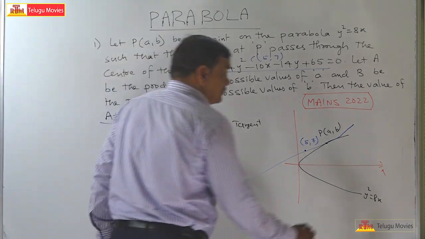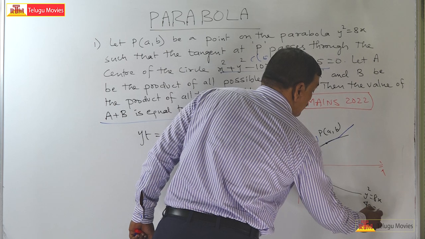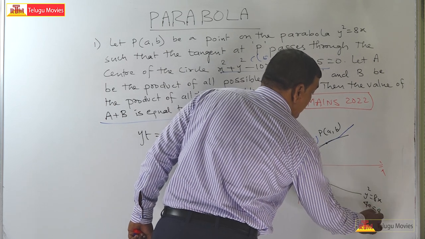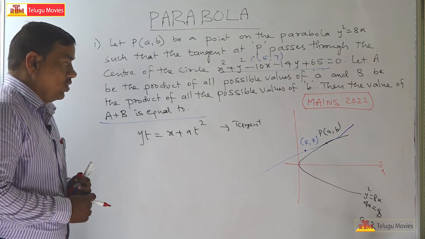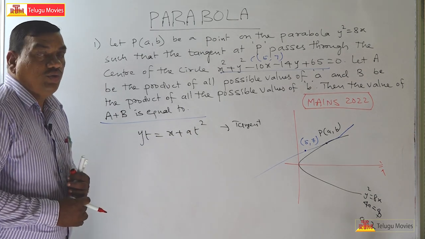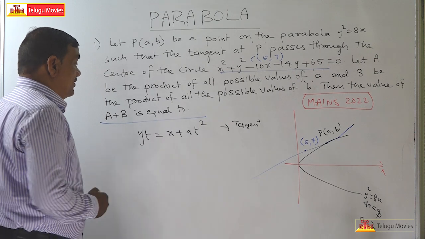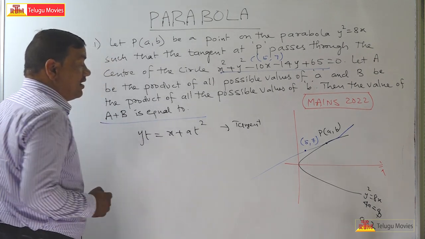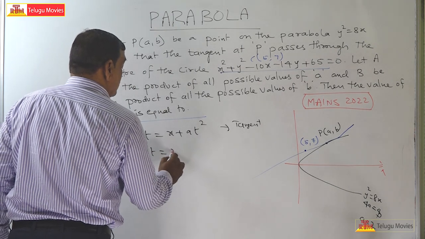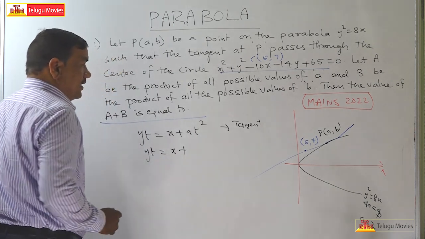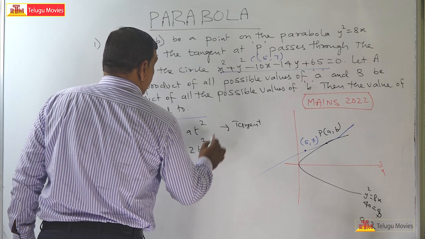Here 4a is equal to 8, therefore a is equal to 2. So substitute 2 wherever a is there: yt is equal to x plus 2t square.